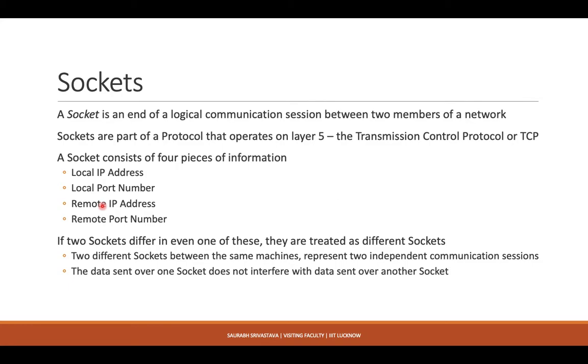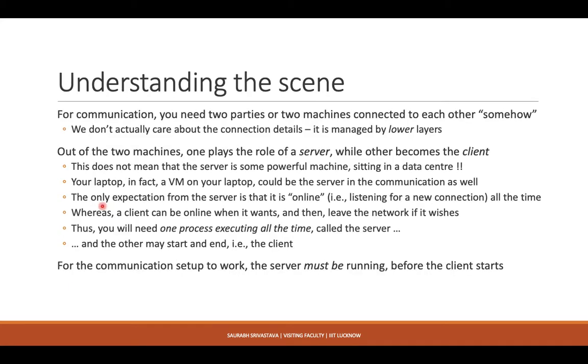From that point onwards, you can start sending data, and the data will be received at the other end, and from the other end the person can send data and you can receive it. That is the crux of the matter. You need to first establish a connection, and to do that you need to create two matching sockets. Then, if you have these two sockets available, you can start doing the data transmission.